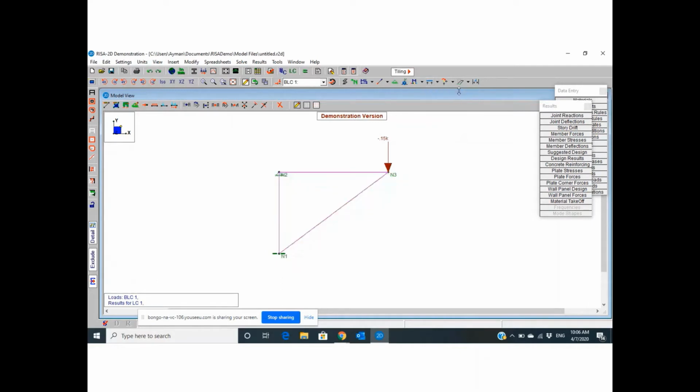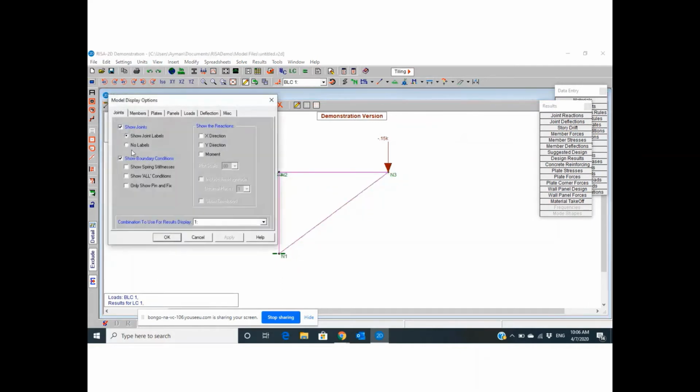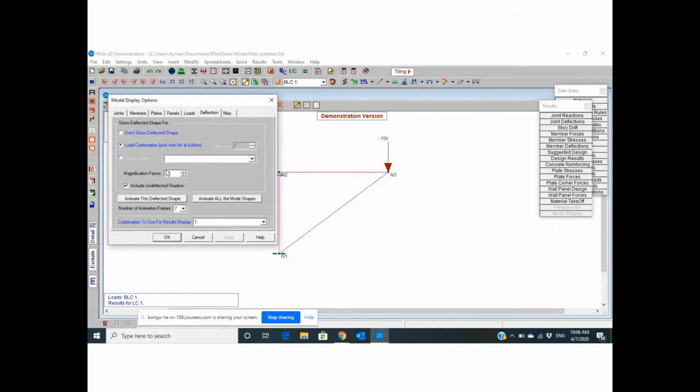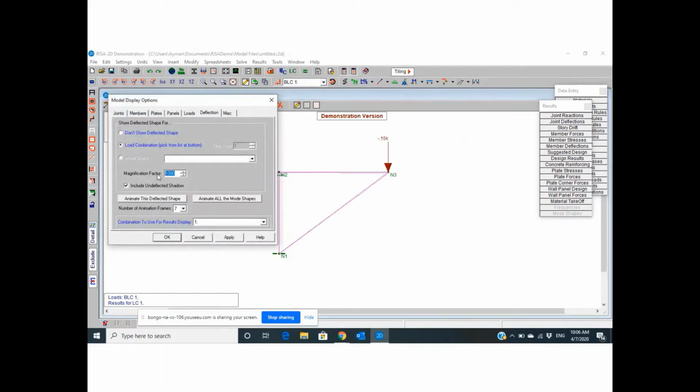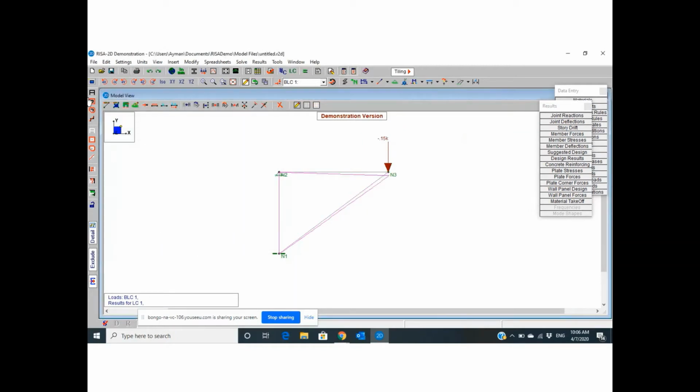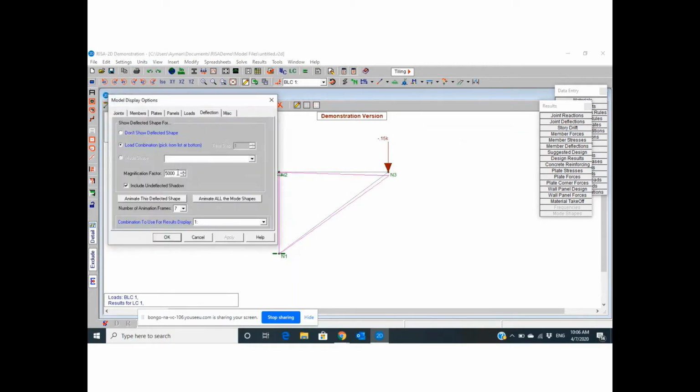Let's start to show you deflection. I need to make magnification. Probably I will make it 1000 or okay, 5000 or okay, let's do it 10,000.